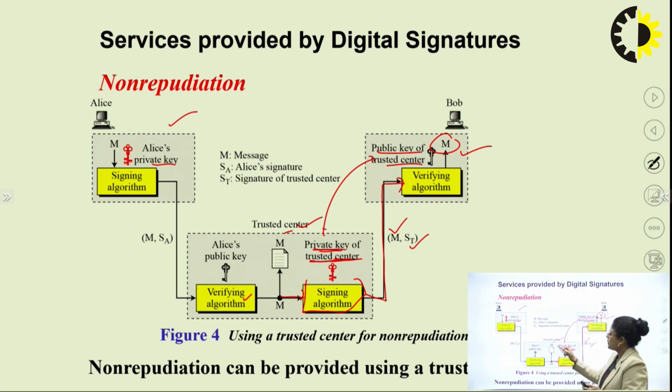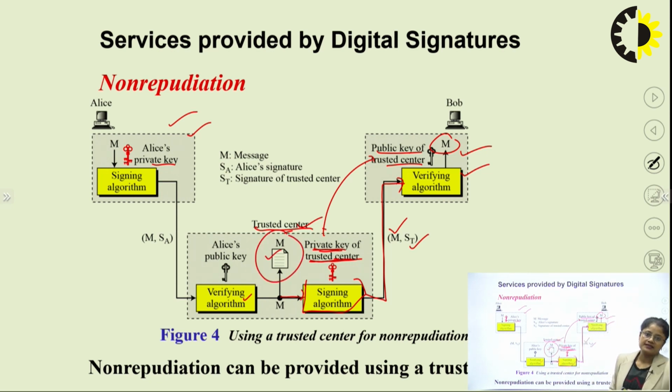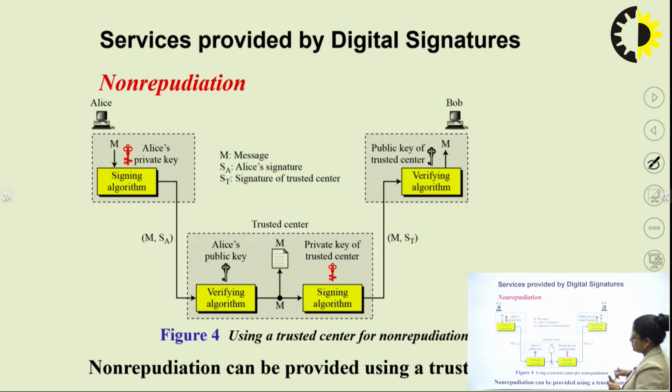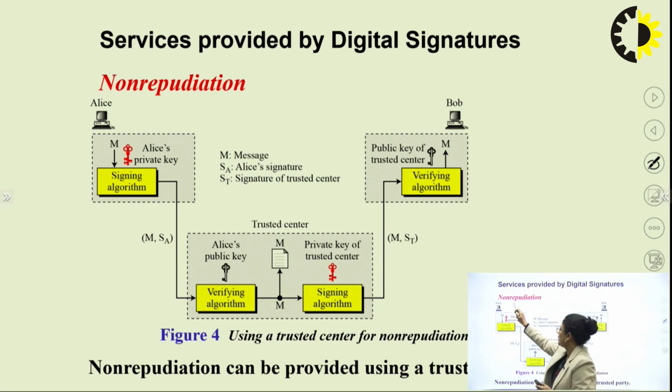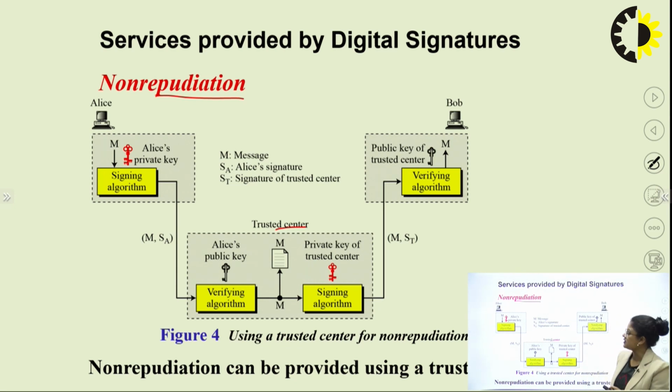So here, because there is a third party involved, later on Alice cannot deny having sent the message, or rather Bob cannot deny having received the message, because there is a third party involved out here, and the third party has also stored a copy of the message that was sent from the sender to the receiver. So this is a situation that is taken care of. So by using a third party, we can also ensure non-repudiation by using digital signatures.